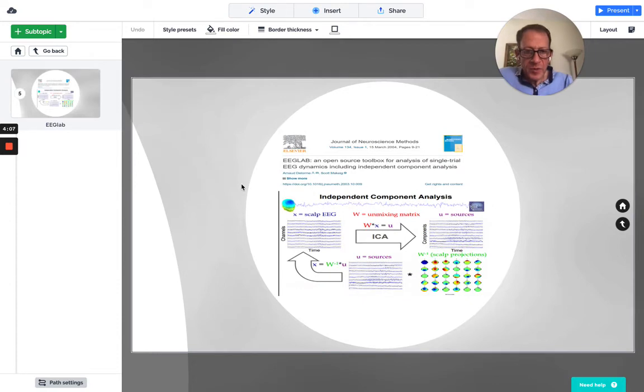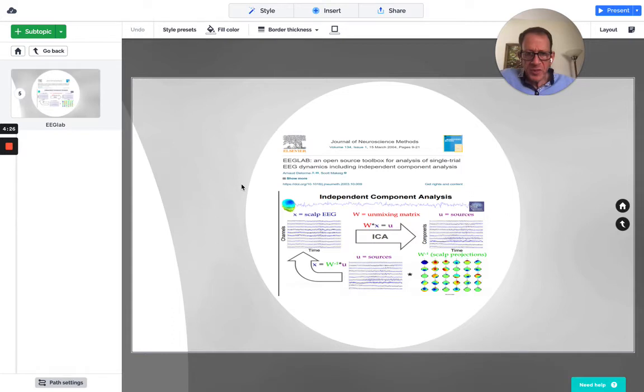So here's another publication. This was in the Journal of Neuroscience Methods in 2004, which explains what the ICA toolbox does in EEGLAB, which is the premier software for producing this type of information.